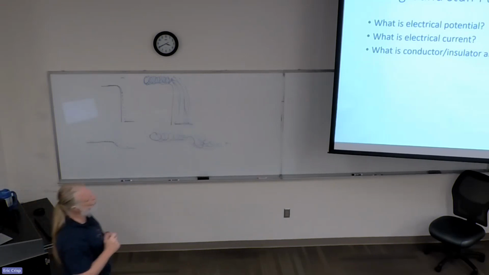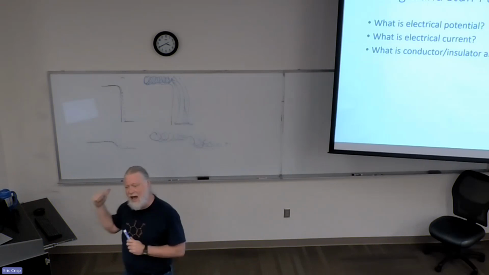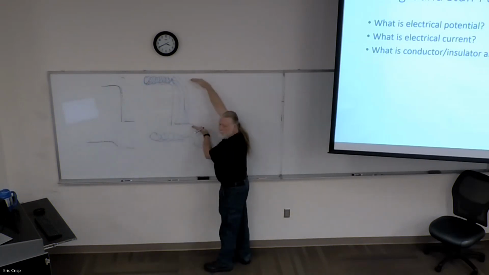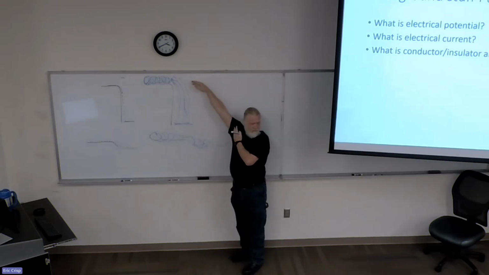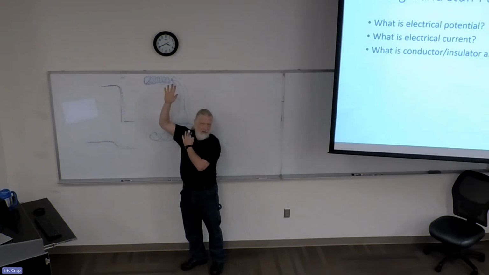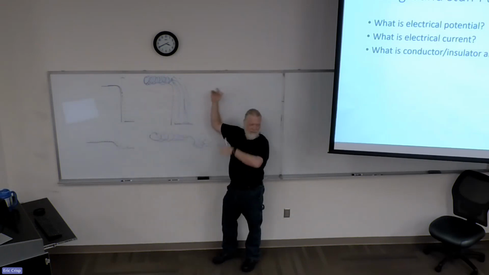Voltage, electrical potential, is analogous to the drop. Do you see that the potential energy drop is the same for each of these? The flow is not. This one is a trickle, and this is like, wow.